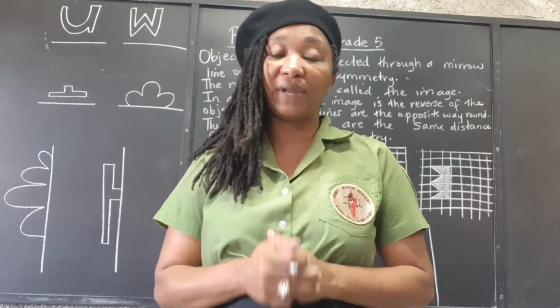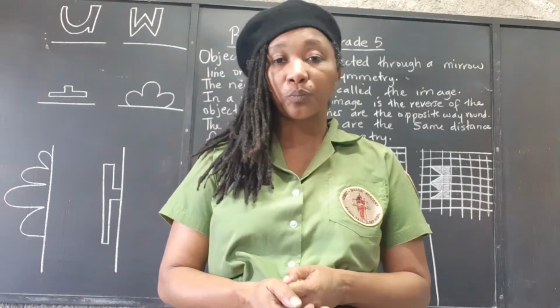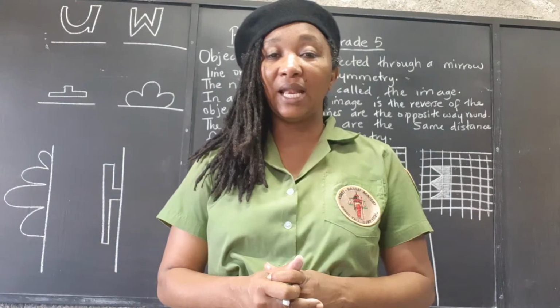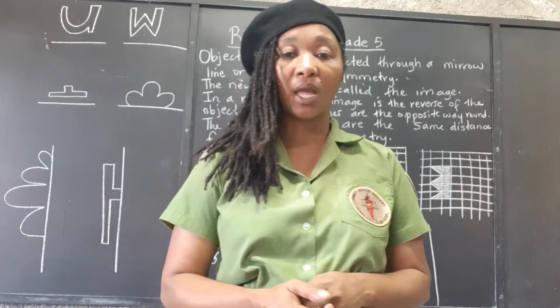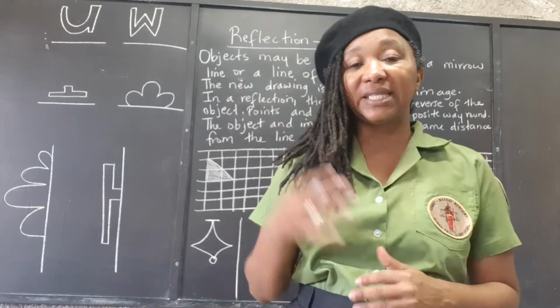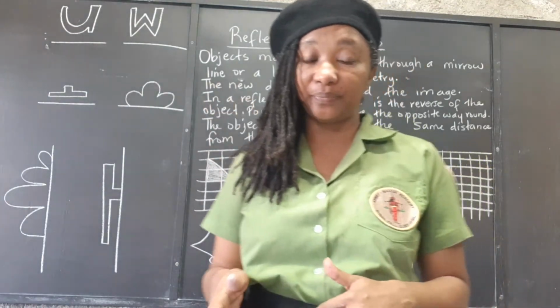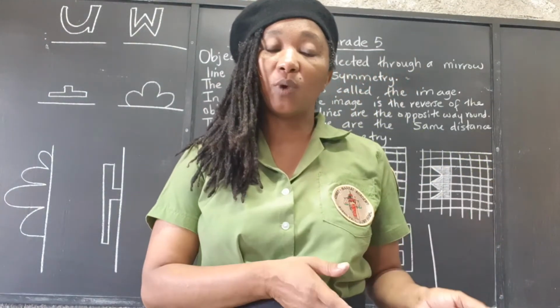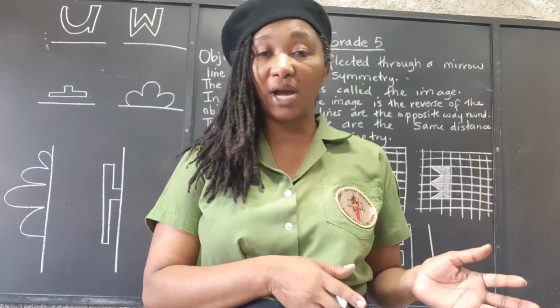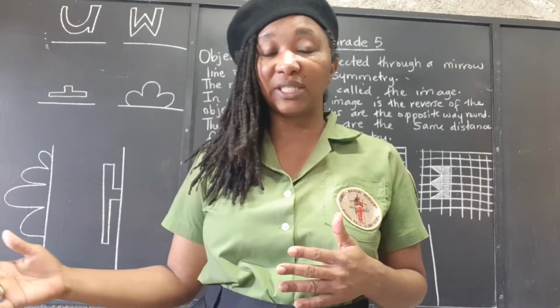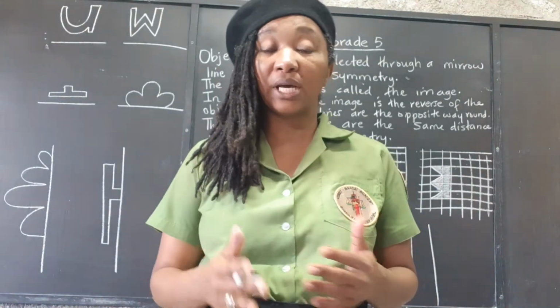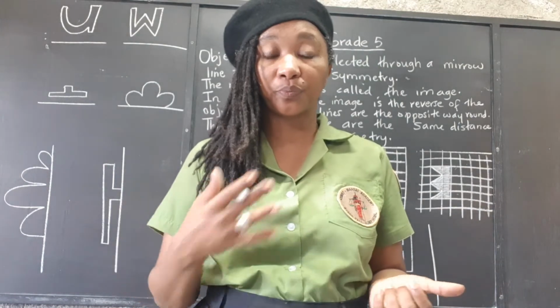So when we're doing reflections in mathematics, we have what is called a line of symmetry, and this line is like the mirror line. So whatever is on one side, whatever is on the left or the right, is reflected on the other side, just like this line was a mirror that you're looking into.